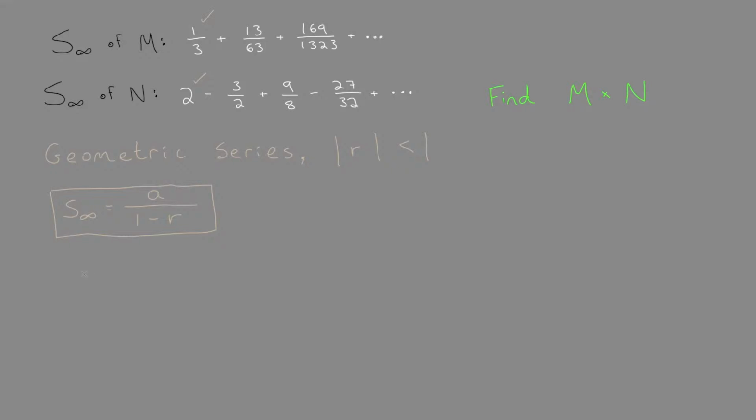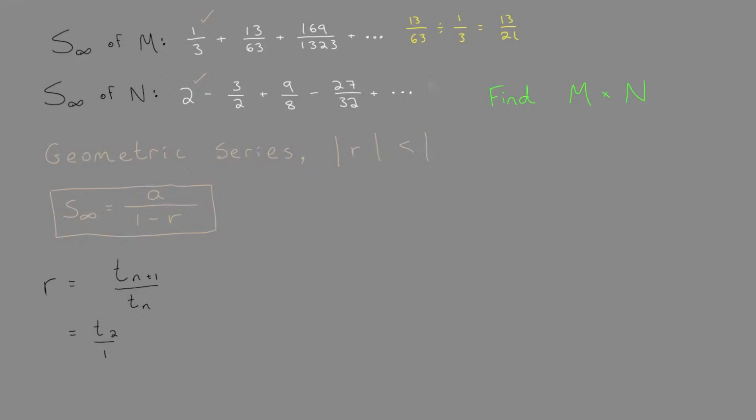Yeah. Generally we find r equals t(n+1) divided by t(n), which is really just the second term divided by the first term, for example. So doing that for the first series, 13 over 63 divided by 1 over 3 will give us 13 over 21.